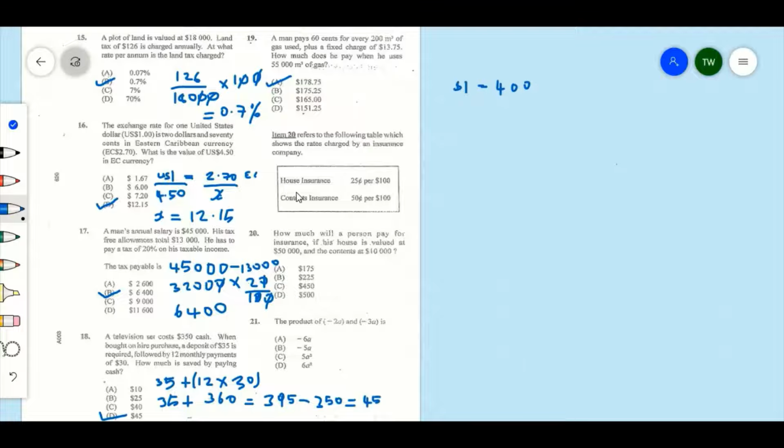And that's when we are talking about house insurance, right? So therefore, they tell us that the house is valued at $50,000 for house insurance. So what we are going to do is write our $50,000 and see how many groups of 4 we can get out of it, and that would give us the amount of insurance paid.